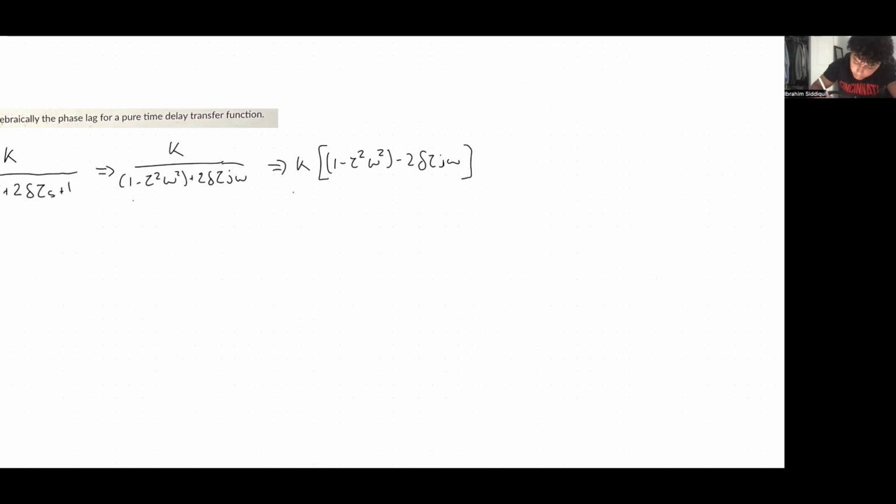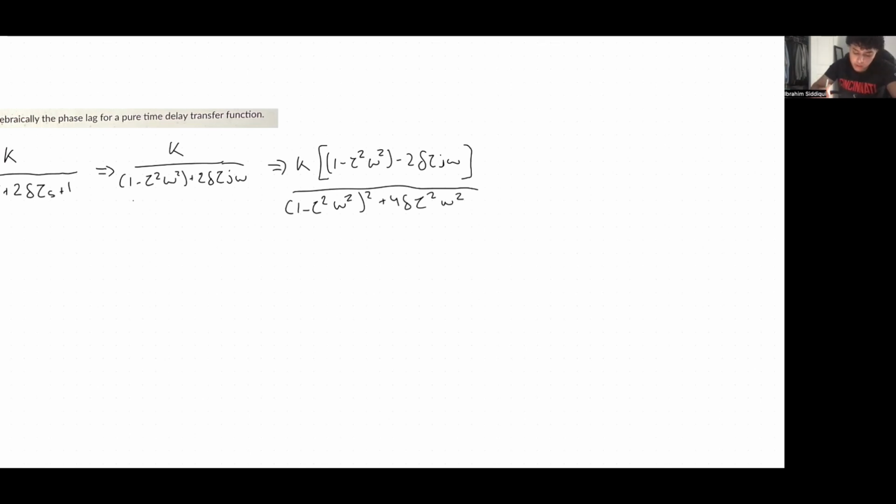For our denominator, multiplying it out, this is 1 minus tau squared multiplied by omega squared, all squared, plus 4 delta, again that damping factor, multiplied by tau squared omega squared.